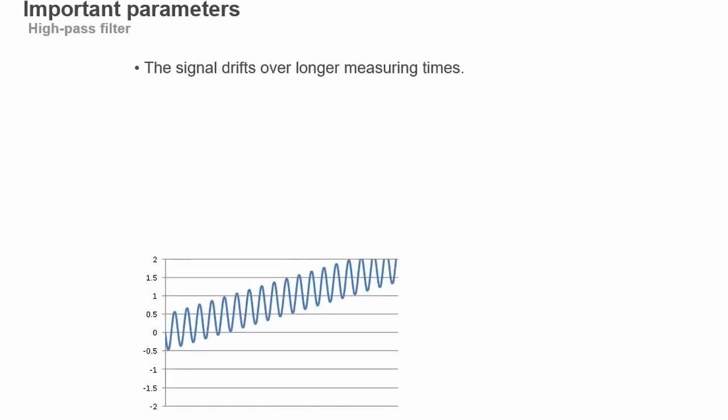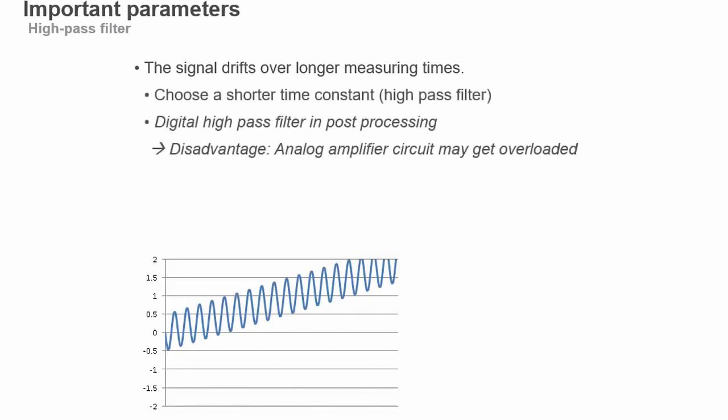Okay, so very opposite to a low-pass filter, a high-pass filter removes low frequencies and concentrates on the high frequencies. We basically use a high-pass filter in post-processing to remove drift that is caused while doing the measurements.